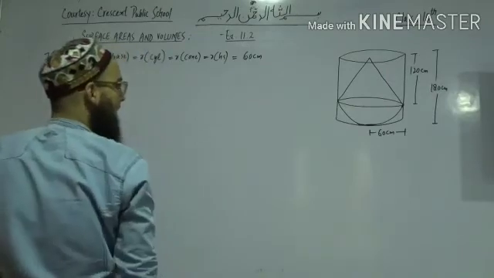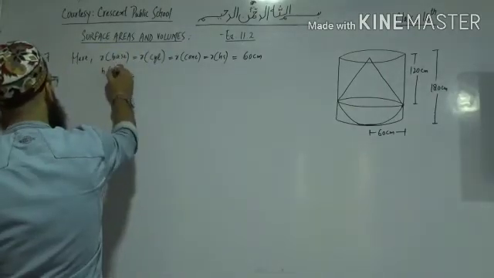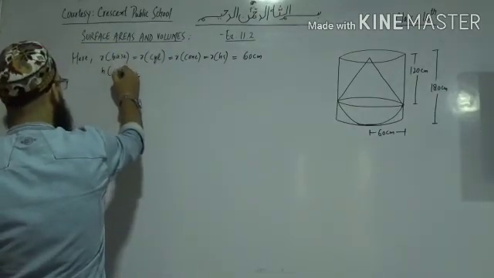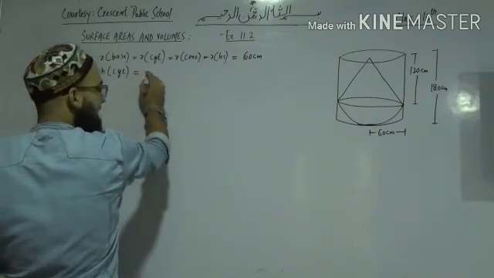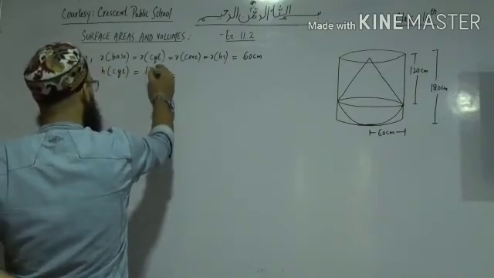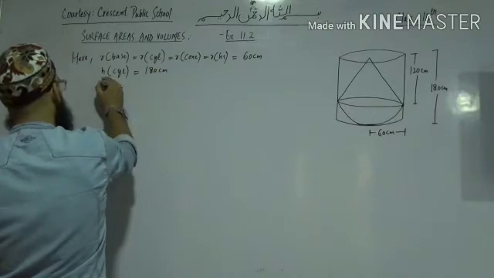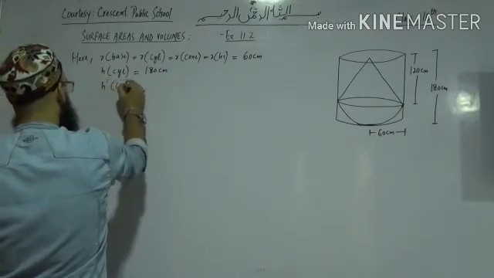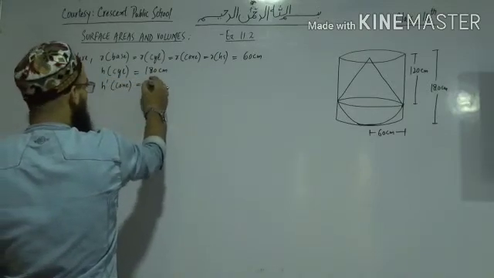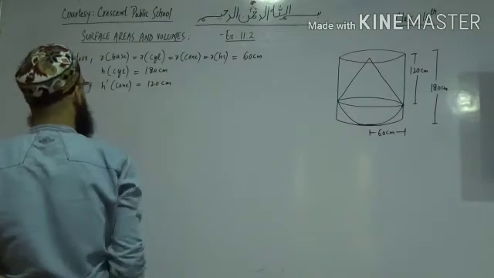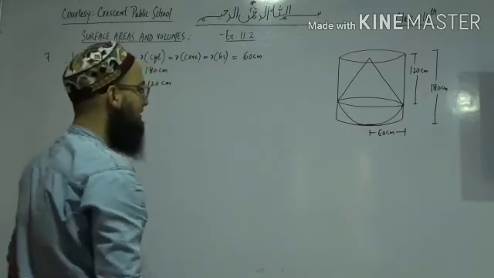Got it? Then the height of the cylinder is 180 centimeter. Then h dash, the height of the cone, is equal to 120 centimeter. These are the dimensions.